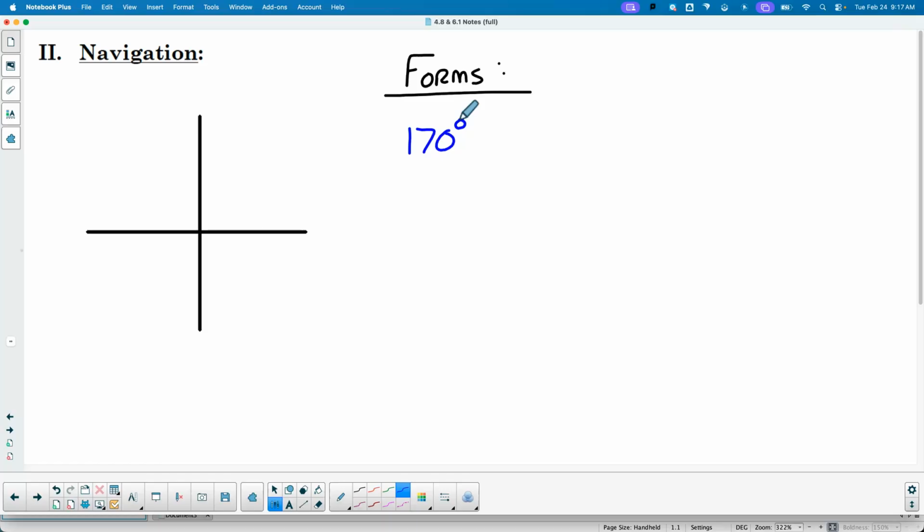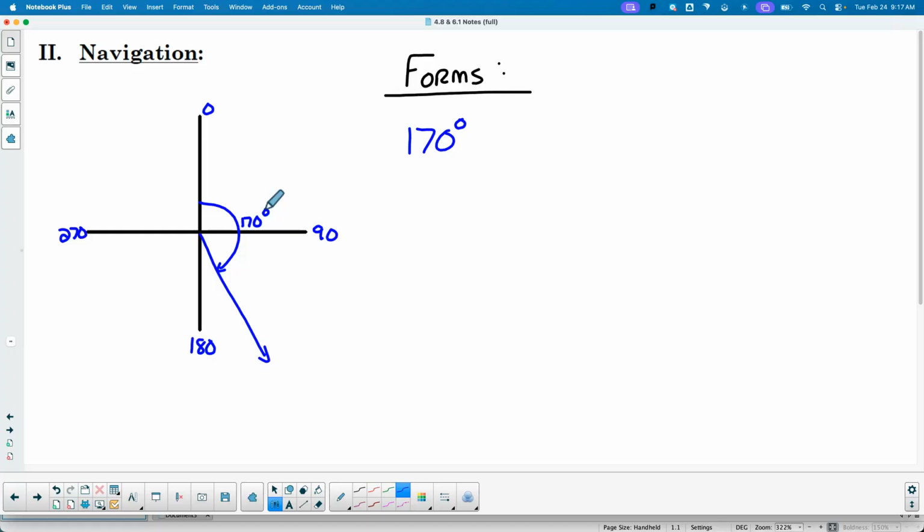If that's my bearing, then I go from 0 to 90 to 180 to 270 and back to 360. So 170 would be down here.